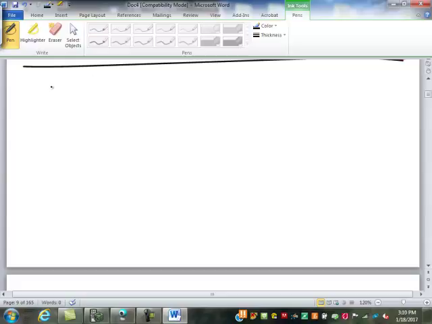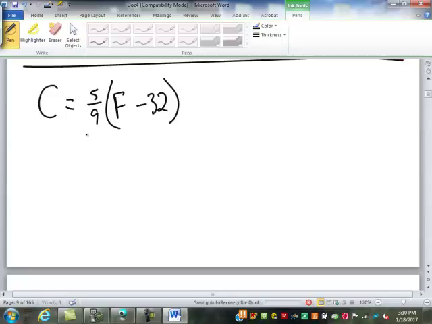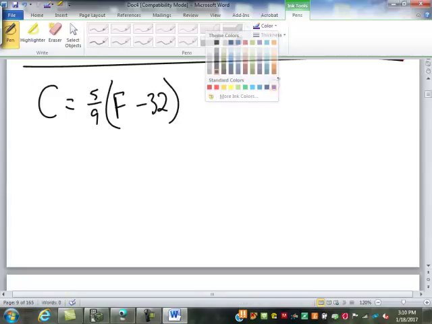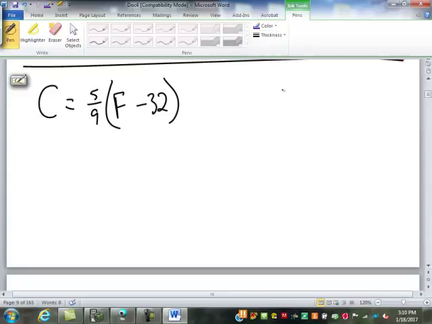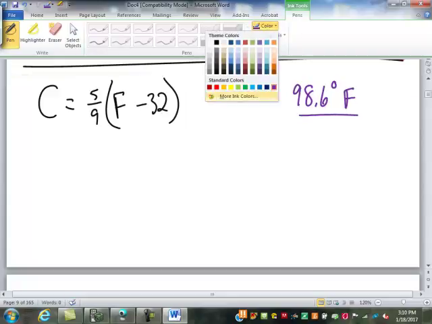Your Celsius temperature is found by taking the Fahrenheit temperature minus 32 and then multiplying by 5/9. So if the temperature is, let's just do 98.6 degrees Fahrenheit, human body temperature. What's that going to be in Celsius degrees?